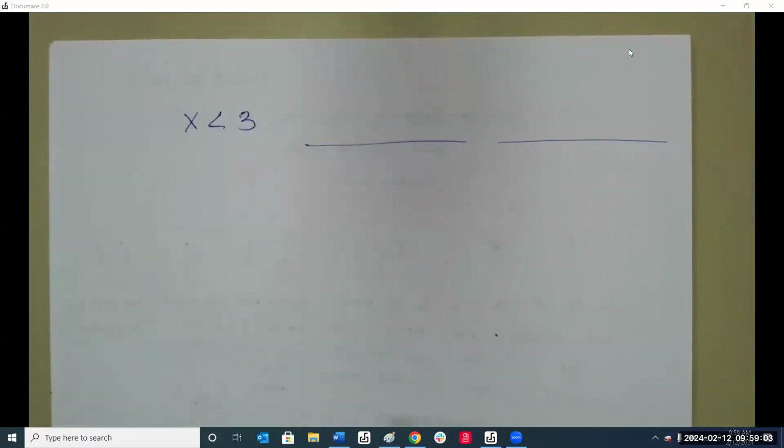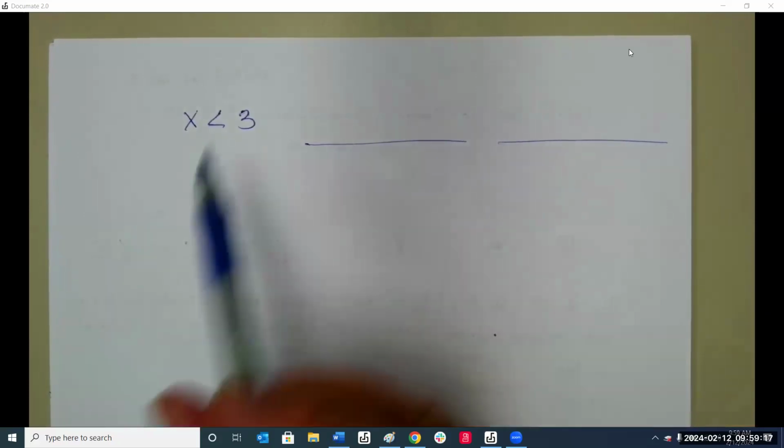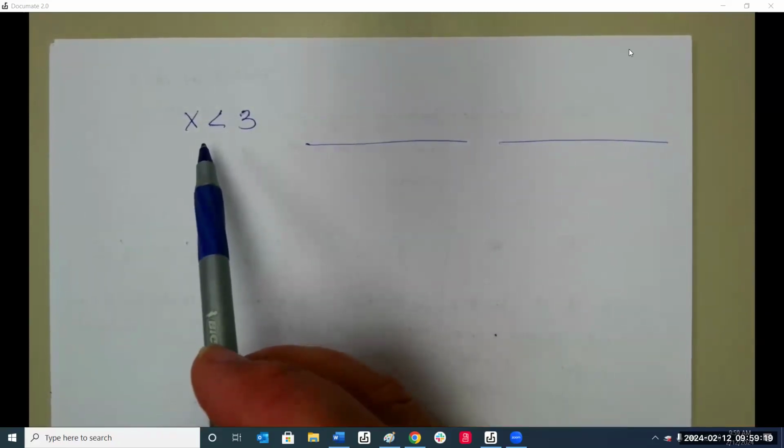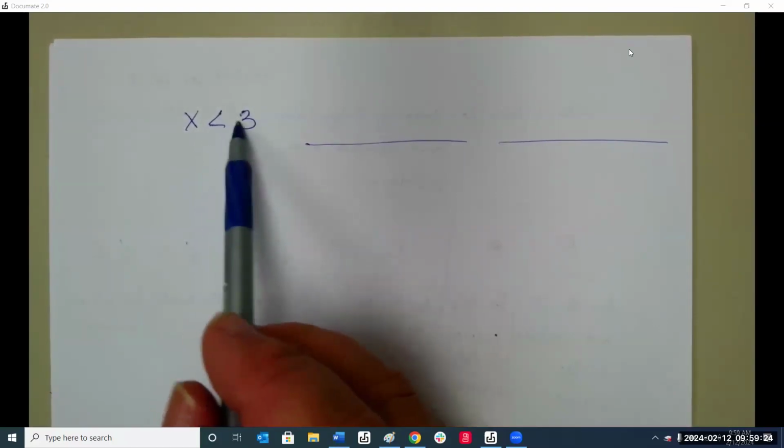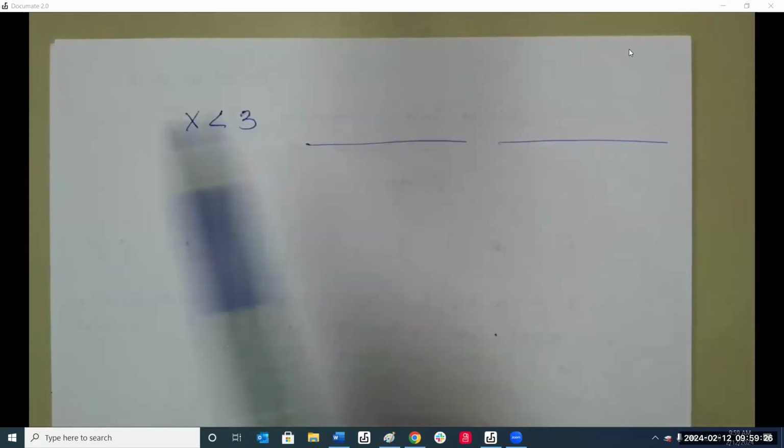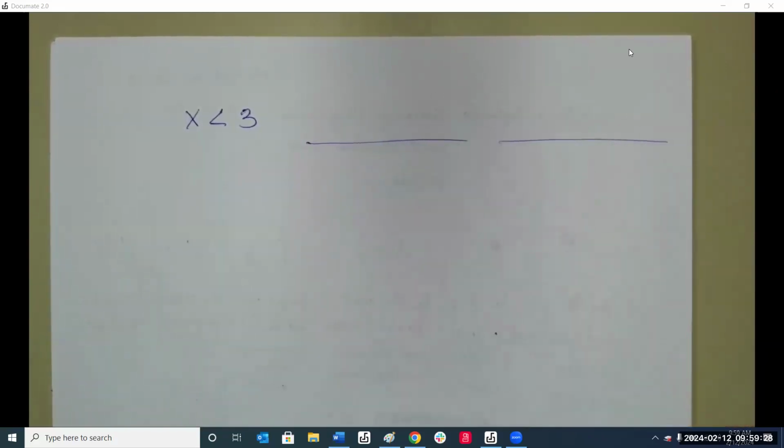Put this answer in the other two formats. So what format is this in? Yeah, since it has pointy things, it's set notation. So we have to put it in interval and graphing.